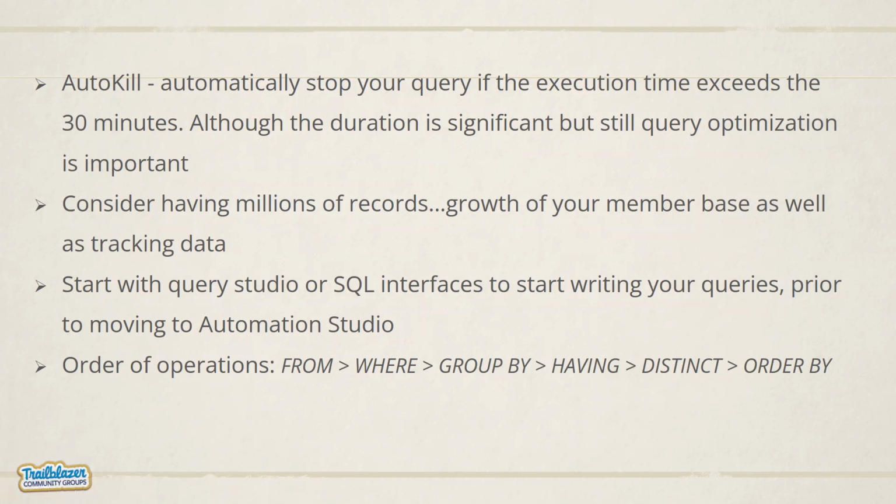Okay, so again, optimizing the query. If execution time exceeds 30 minutes, it will go into auto kill and you won't realize that your automation has stopped already, or automation has gone into error.